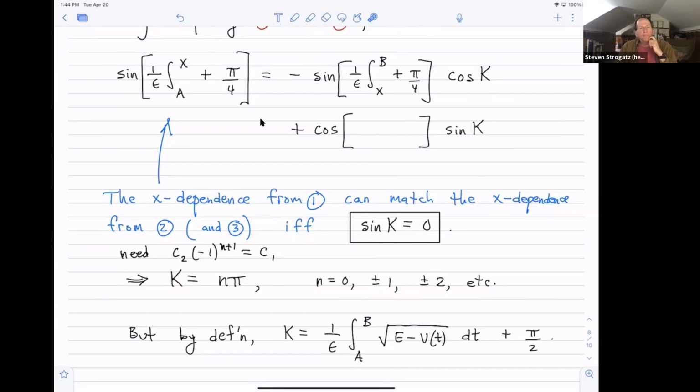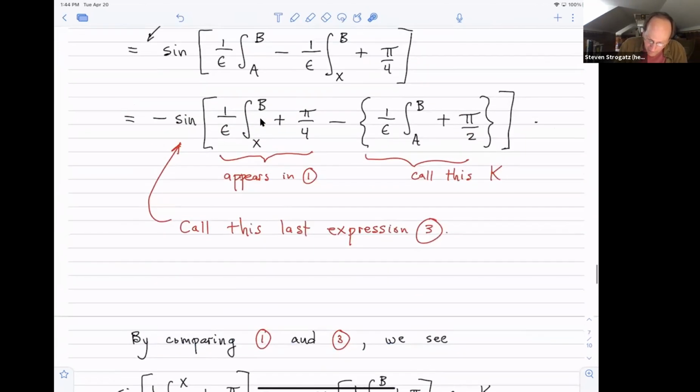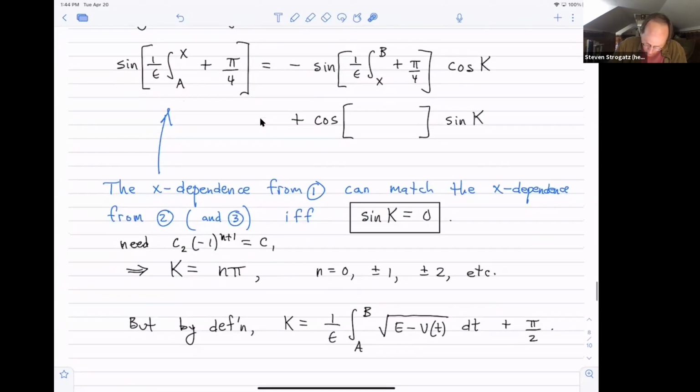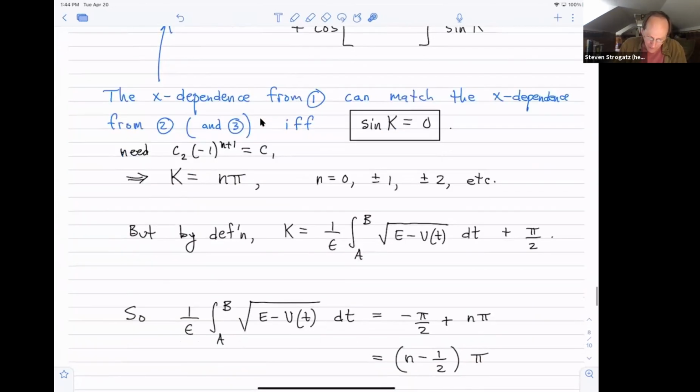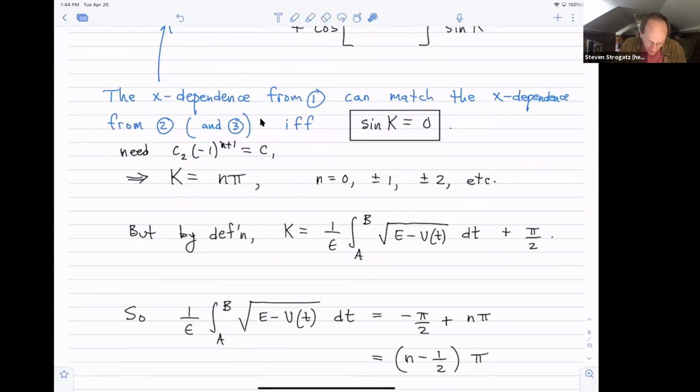But by definition, what was K? K I wrote above was this thing, 1 over epsilon times the integral from a to b of that square root of q, plus pi over 2. So writing everything out, K is this expression. And I'm now claiming it's n pi.